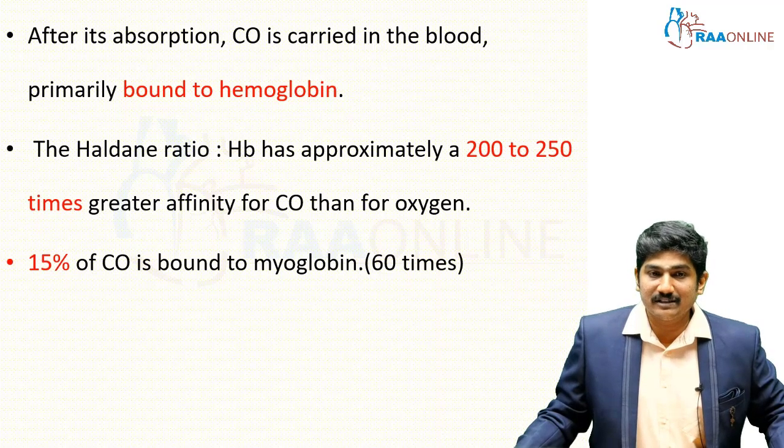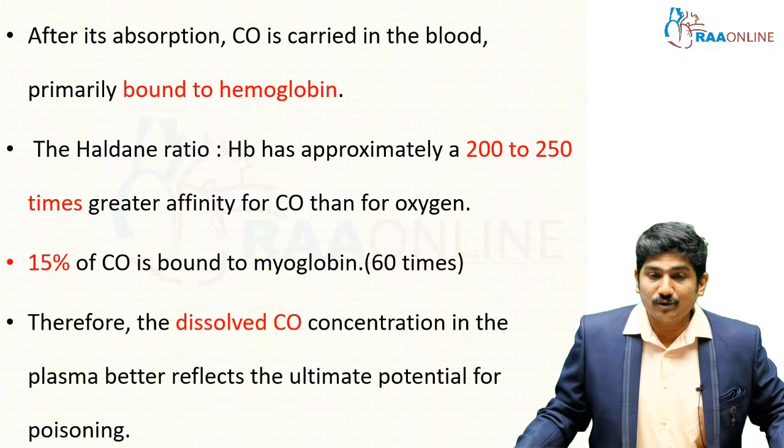When carbon monoxide attaches to hemoglobin, it affects oxygen delivery to the tissues. The remaining 15% bound to myoglobin represents the tissue-bound fraction. Therefore, the dissolved carbon monoxide concentration in the plasma better reflects the ultimate potential for poisoning than the carboxyhemoglobin values.